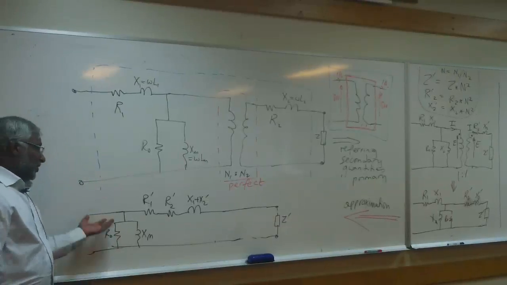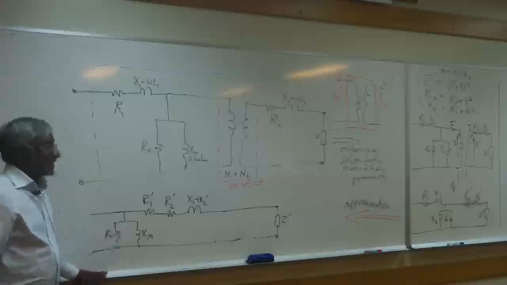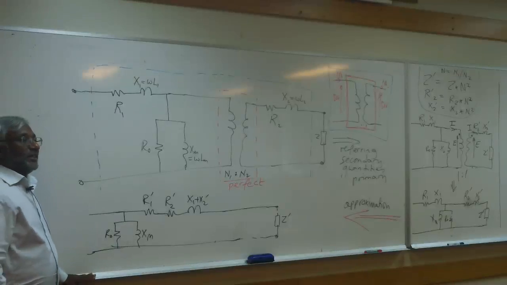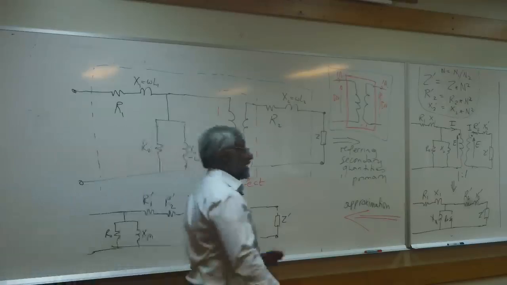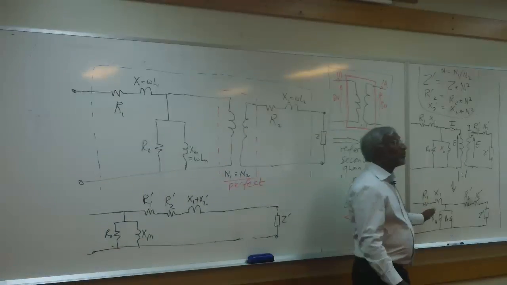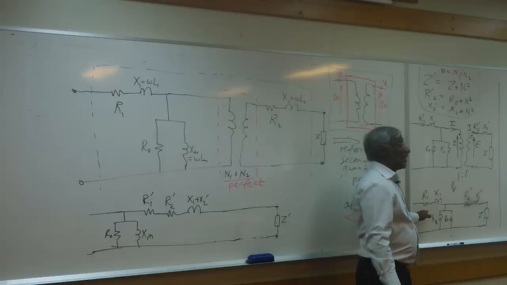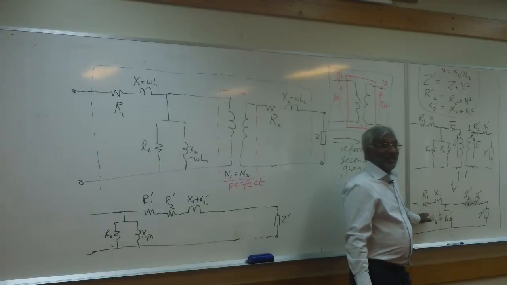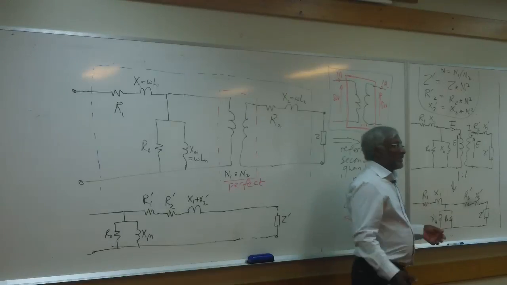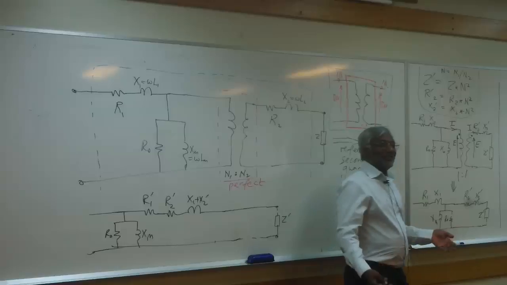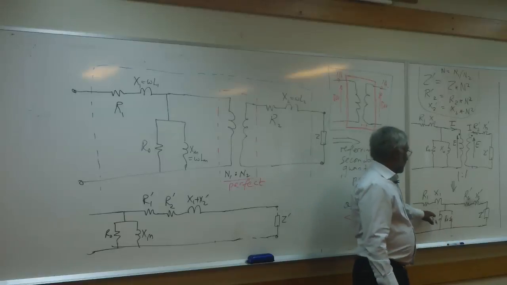So why is that approximation fine? You don't make a lot of errors in going from the so-called exact equivalent circuit of a transformer. I don't like it when they call it exact, but I'm prepared to live with it because everybody does.